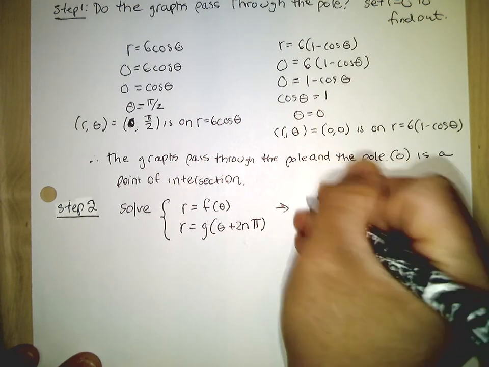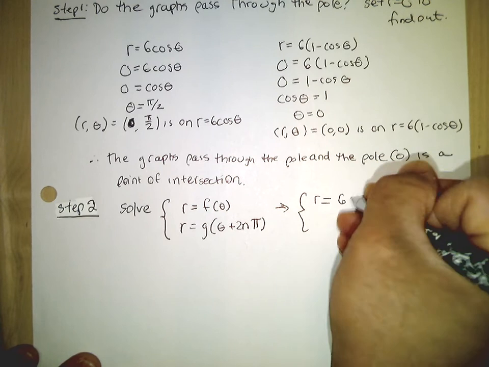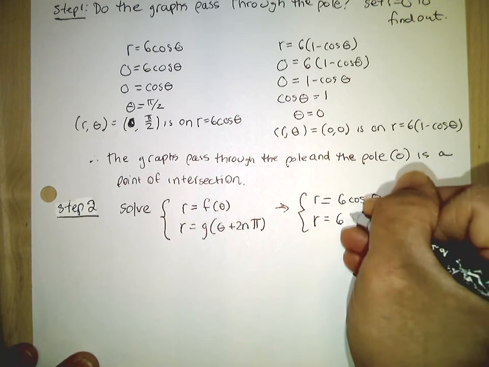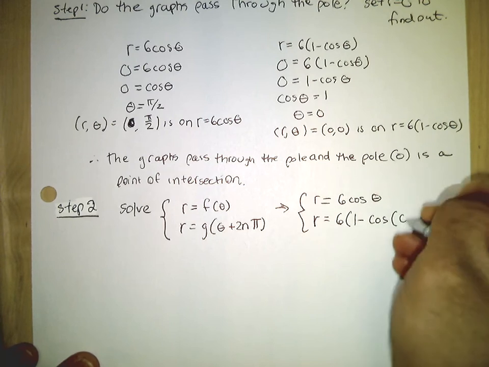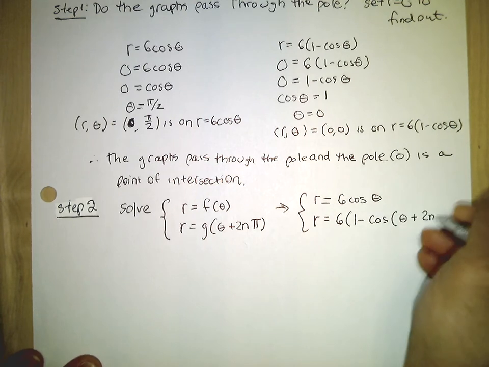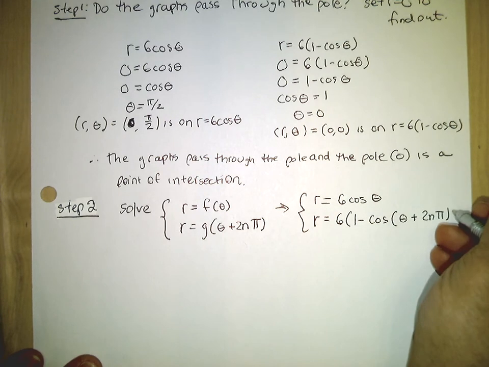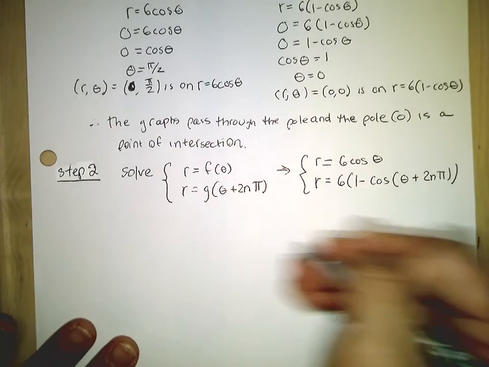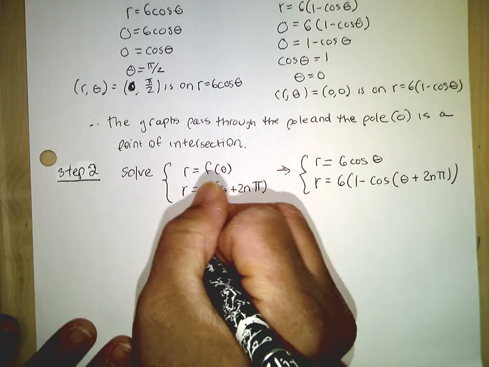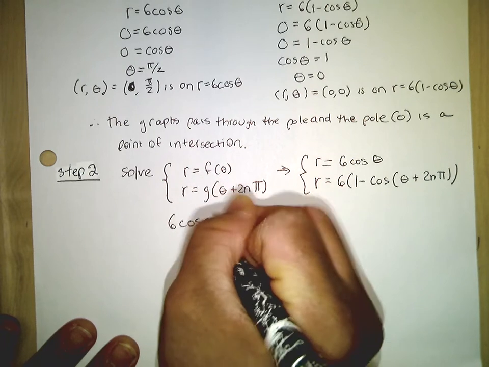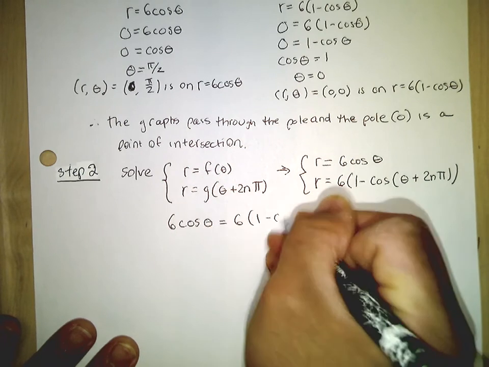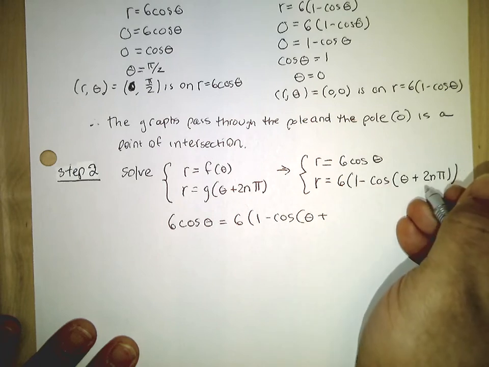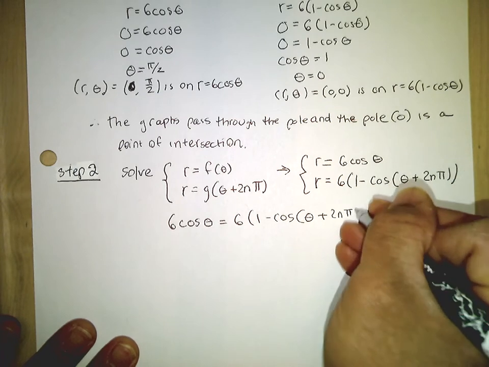So in this case, that will give us r is 6 cosine of theta, or r is 6 times (1 minus cosine of theta plus 2n pi). Now we'll see if they intersect, so we'll set these equal to each other: 6 cosine of theta equals 6 times (1 minus cosine of theta plus 2n pi).